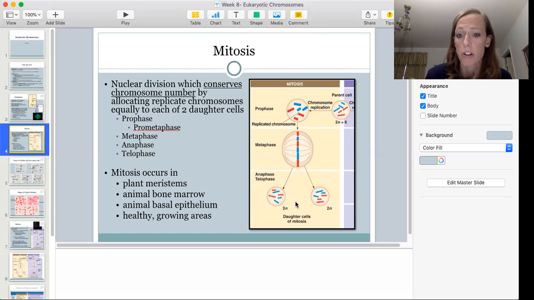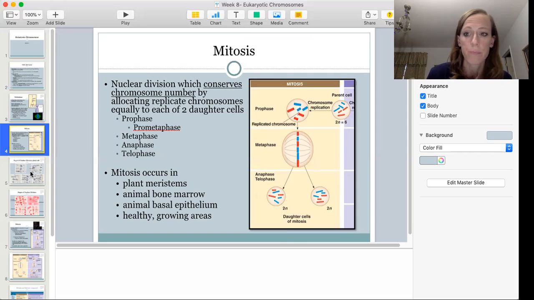So each of the two daughter cells has the exact same number of chromosomes as the parent cell. Okay, and the four or five different stages of nuclear division, prophase, prometaphase, metaphase, anaphase, and telophase, all take place one time. And as a result, you get two daughter cells with the exact same number of chromosomes as you had in the parent cell.